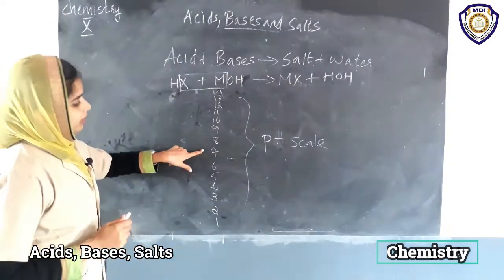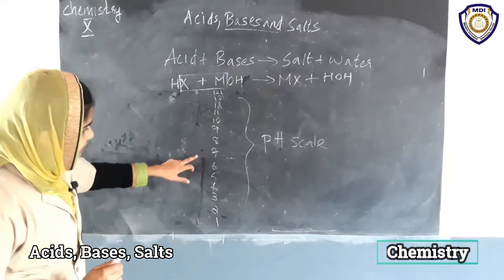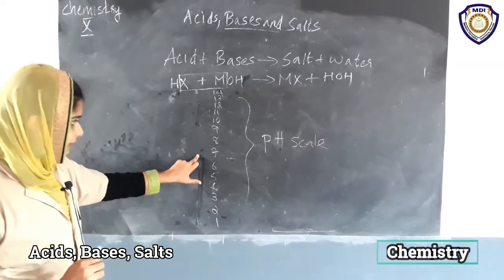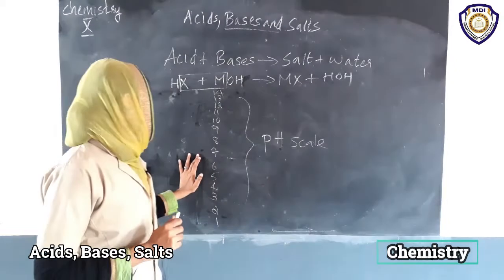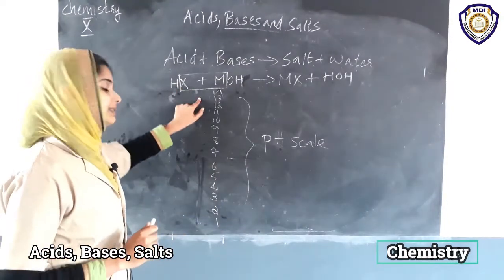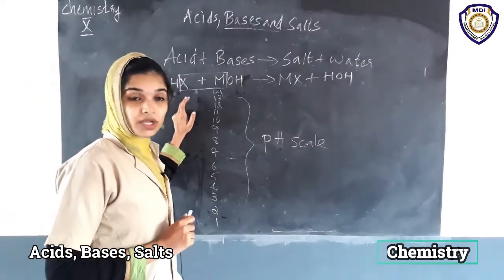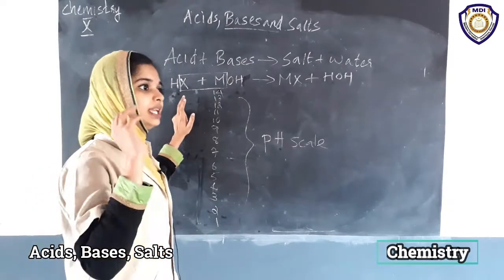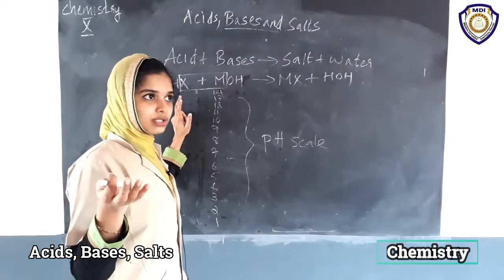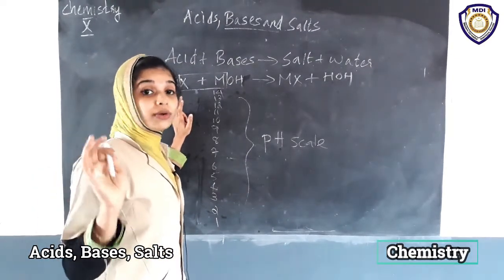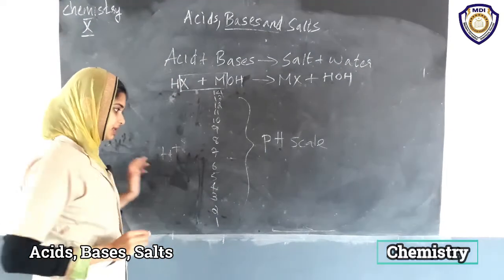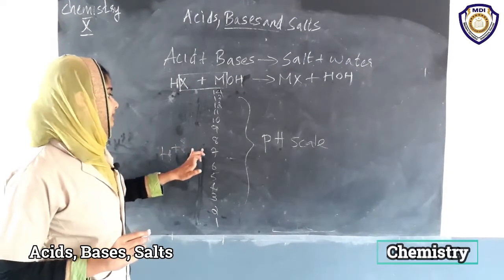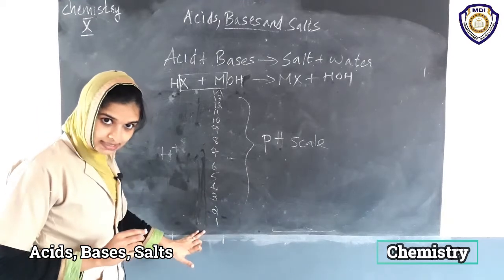So below 7, that is from 1 to 7, comes the acids, and above 7 come the bases. So when the hydronium ion concentration, the H plus ion concentration, increases, the pH value decreases.